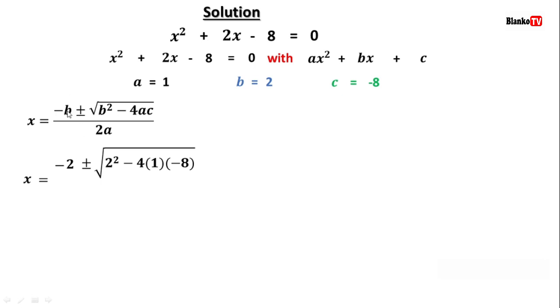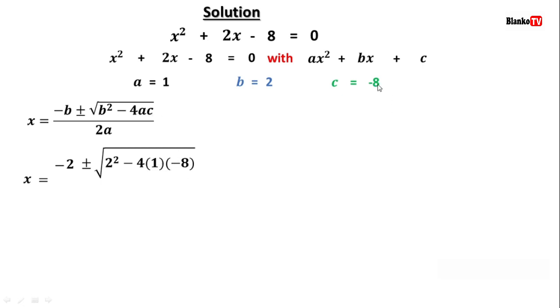So we have negative 2 plus or minus the square root of b square, and b is 2, so 2 square minus 4, then a is 1, so 4 times 1 times c.